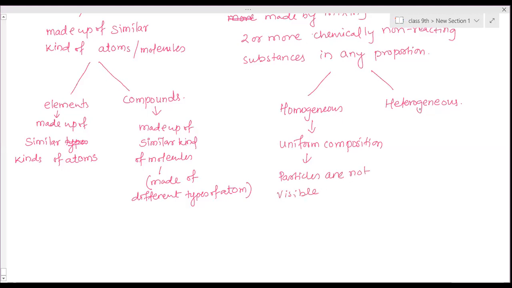In case of heterogeneous, the composition is non-uniform, and constituent particles are visible. Those are called heterogeneous mixtures. Okay, it's clear? Yes, ma'am.